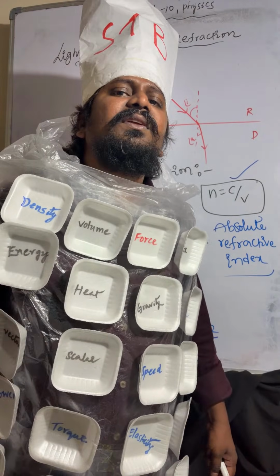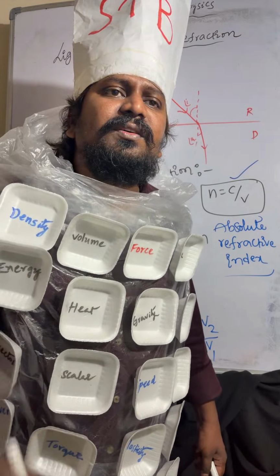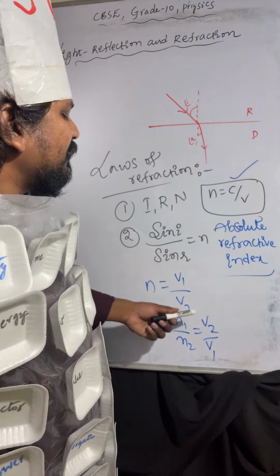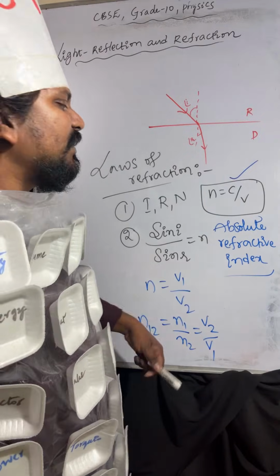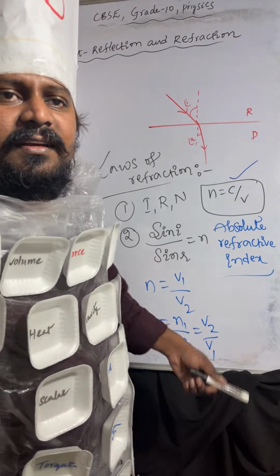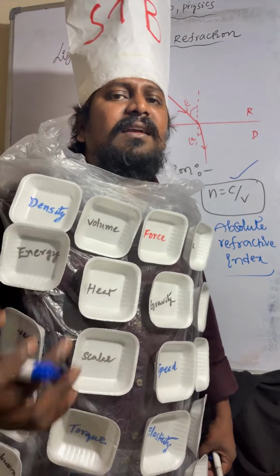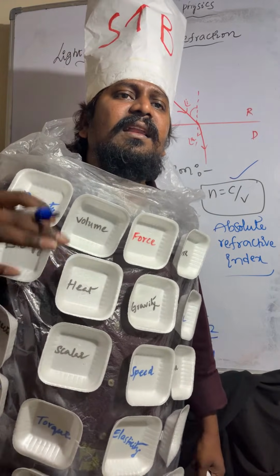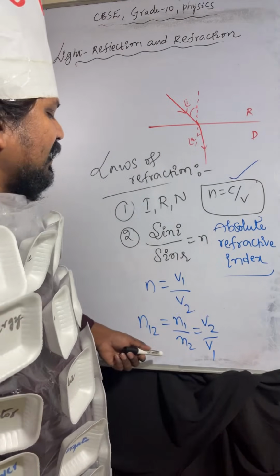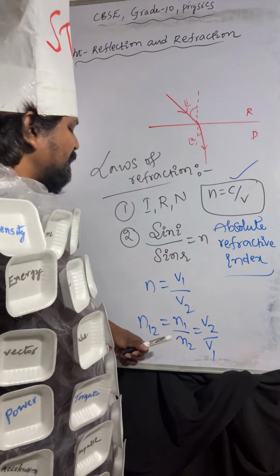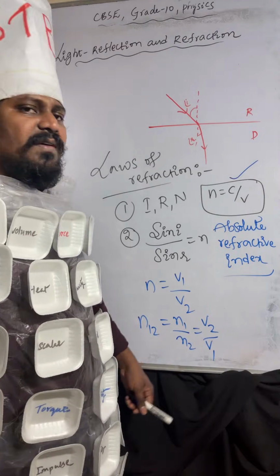Coming to relative refractive index: the speed of light in medium 1 by the speed of light in medium 2. You can see here, n12 equals n1 by n2, which is nothing but v2 by v1.